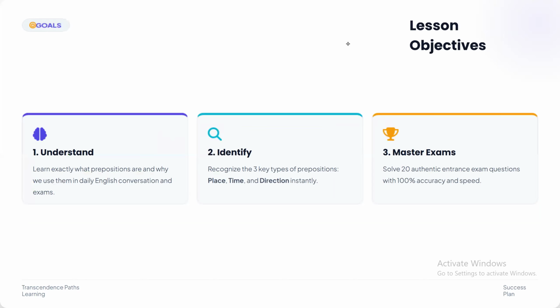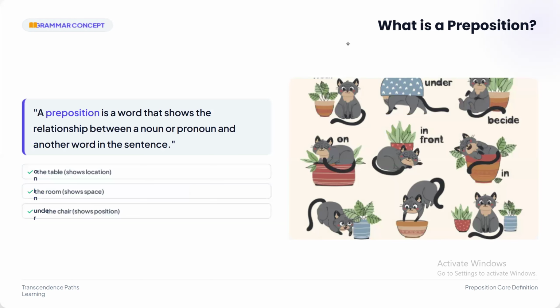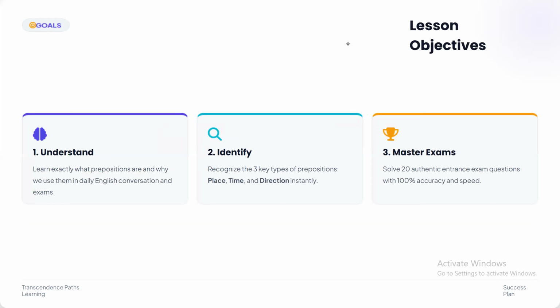The goal of this lesson is to learn exactly what prepositions are and why we use them in daily English conversation and exams.